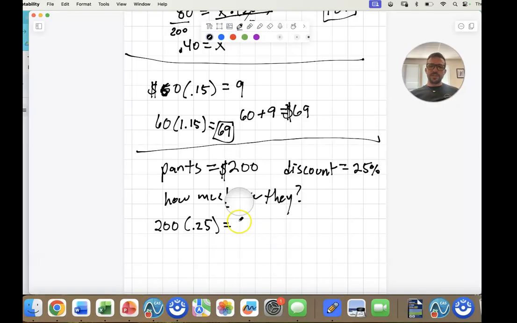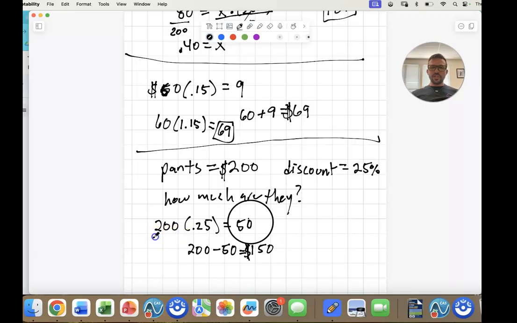That's how much they are taking off the pants. So to know the sale price I would do 200 minus 50, which means I am now paying $150.